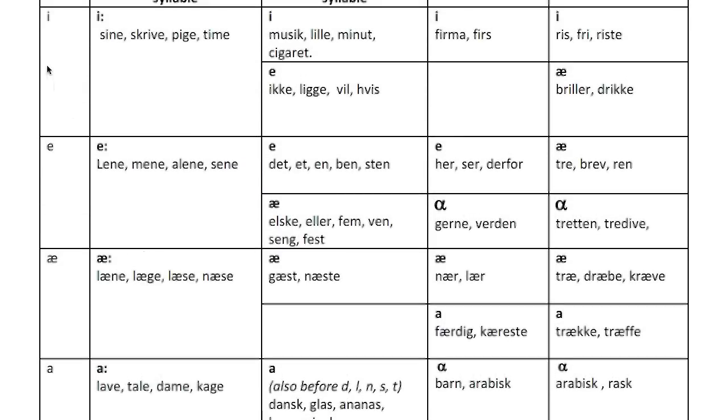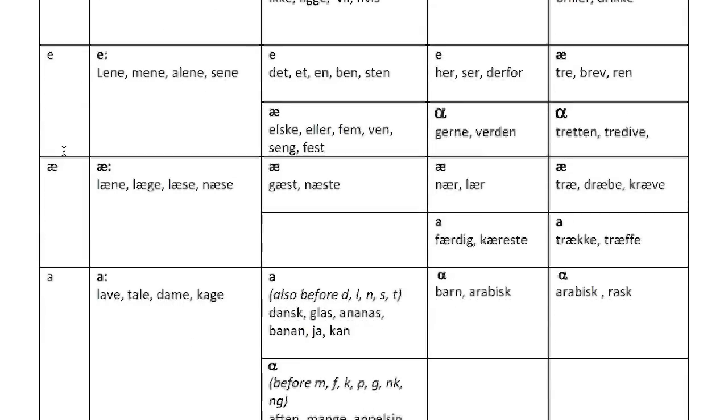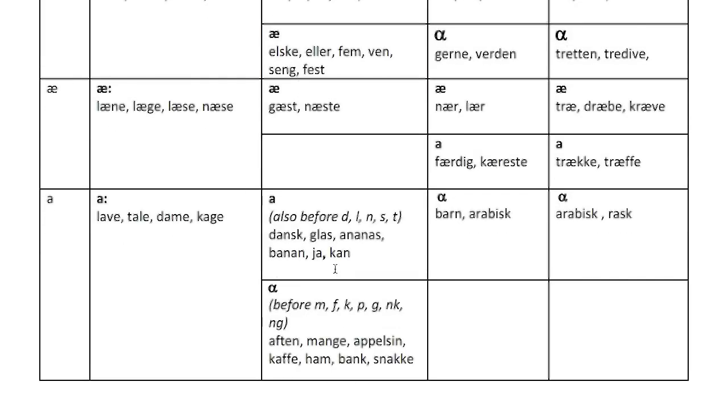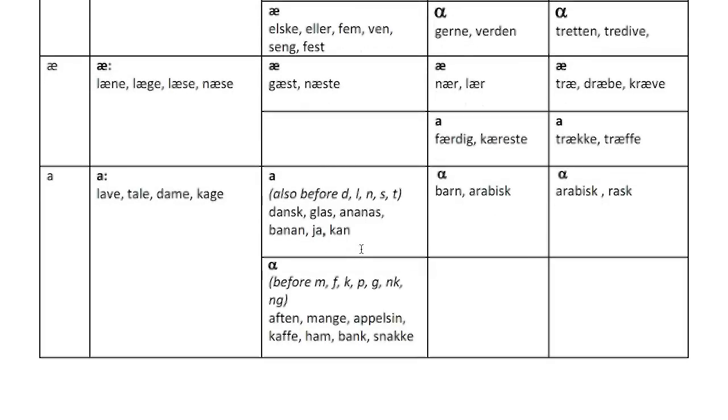So we started with I, E, E, A. This is the most open one of the front vowels. And then there is a kind of rule that if this letter is before D, L, N, S, T, in this case it is pronounced as in Danish, flat A. For example, dansk, glas, ananas, banan, ja, kan.